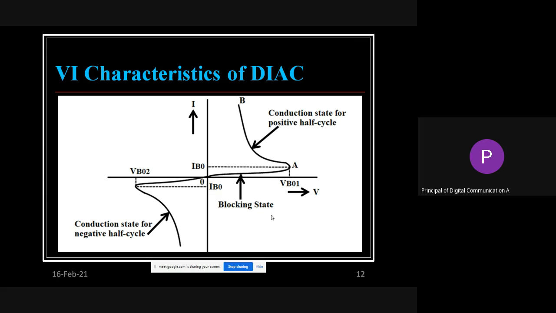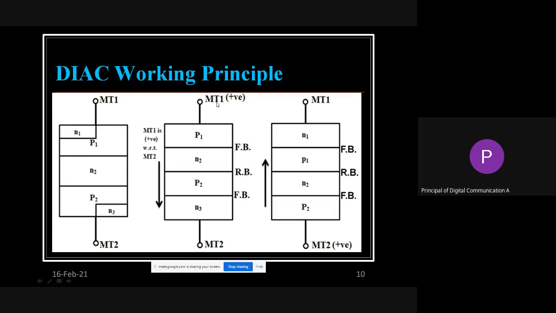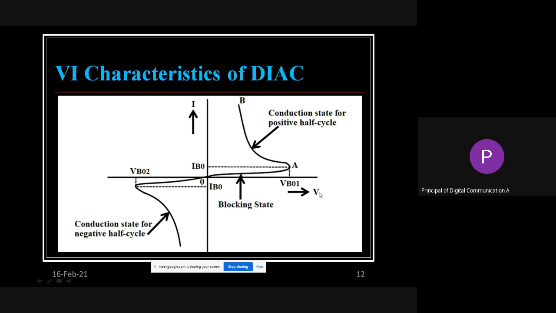We saw two conditions: one where current flows from MT1 to MT2 and another where current flows from MT2 to MT1. So the x-axis contains V, not only V. If you are writing in detail, it is V MT1 with respect to MT2, positive on this side, and on the opposite side V MT1 with respect to MT2 is negative.